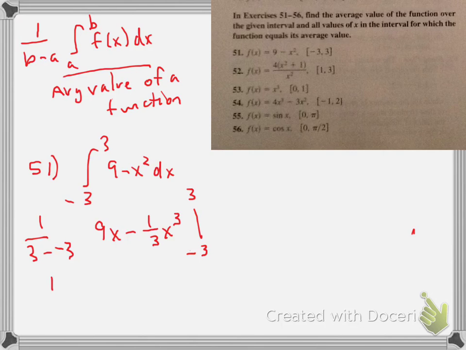So it's going to be 1/6 times whatever we get when we plug in those values. So let's plug in the 3. It'll be 27 divided by 3, which is 9, minus -27.